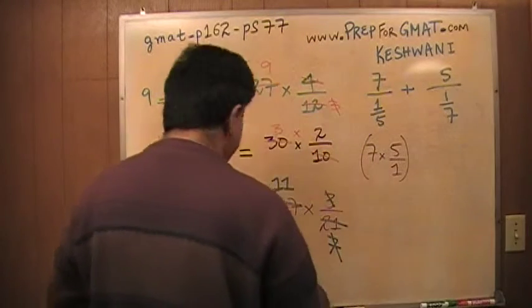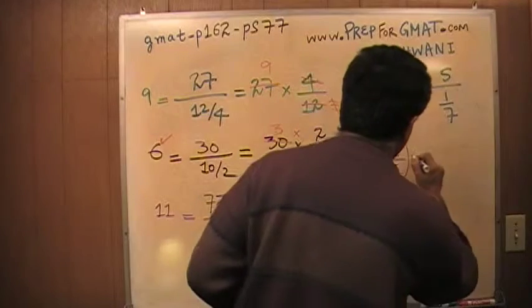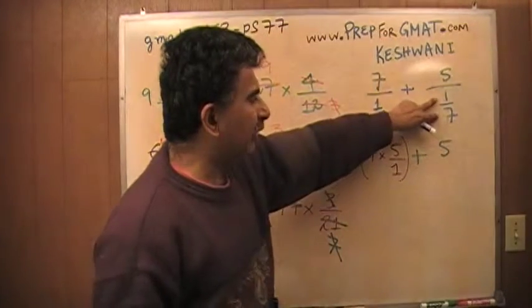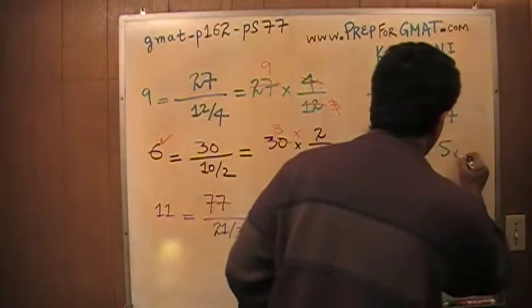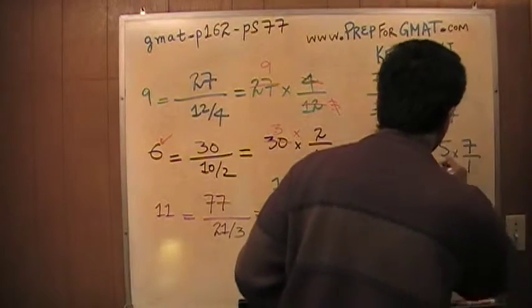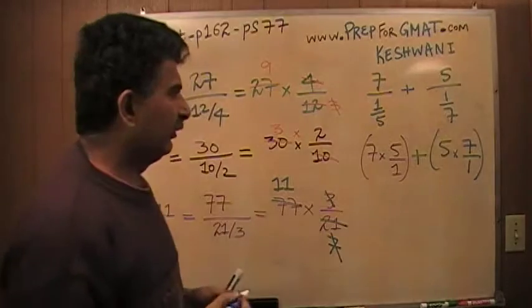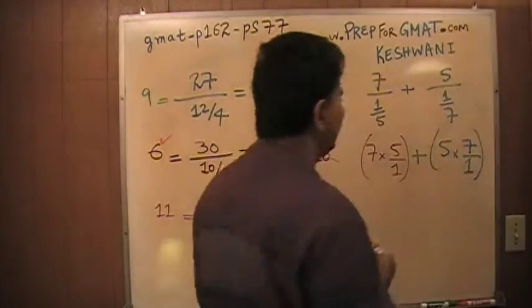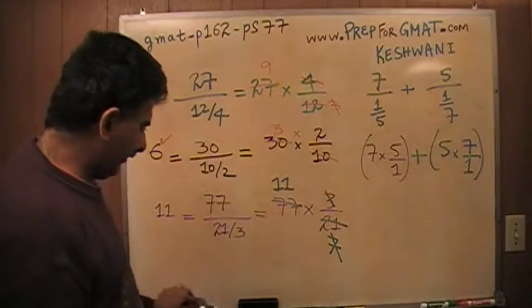And with that part, I'm supposed to add this part, 5. Again, I take my bottom part, 1 over 7, and it becomes 7 over 1. And of course, with 7 over 1, that 1 at the bottom plays no role. So what is the answer?